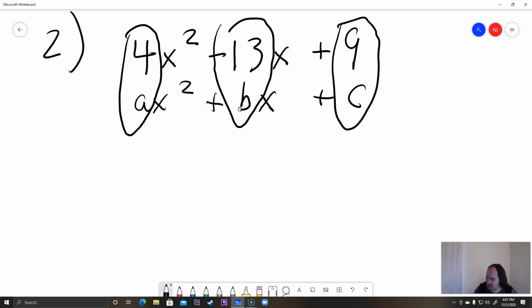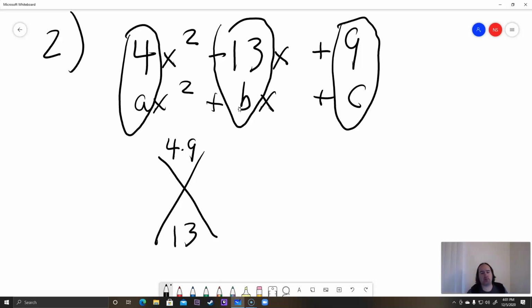Okay, and then using the x method, on the top of our x we have ac, so that's going to be 4 times 9. And then on the bottom of the x we have 13, which is our middle term. And then we know that 4 times 9 is 36 from our times tables. And this time I'm doing it without colors, but you can continue to do it in colors if you'd like to.